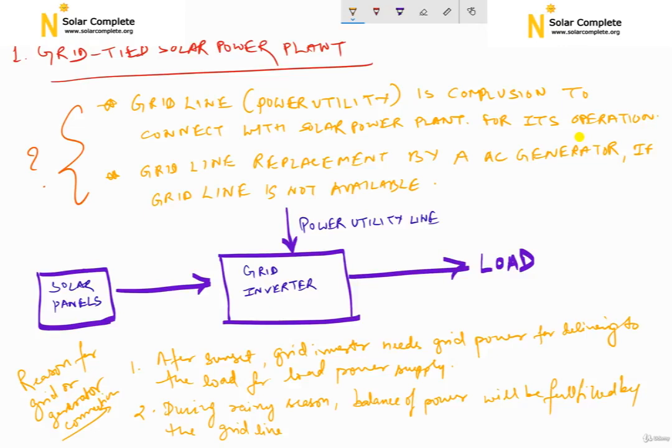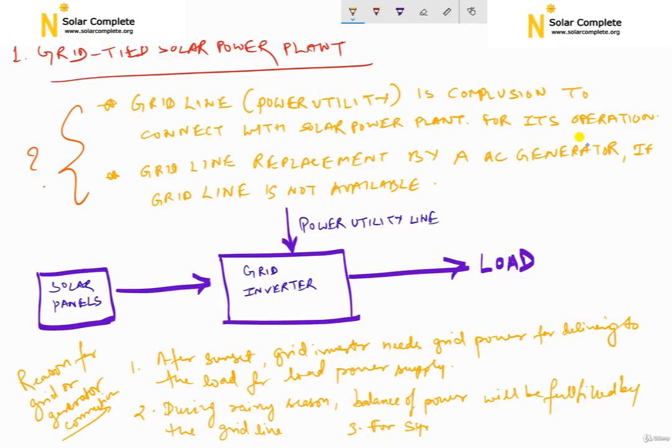It is a thumb rule, and we can also say this is a requirement when you want to connect a generator instead of the power utility line. Let's suppose in a place where the power utility line is not available, and in that place you want to install a grid tied solar power plant, so this should be the requirement.